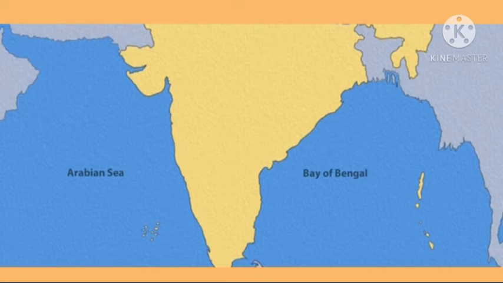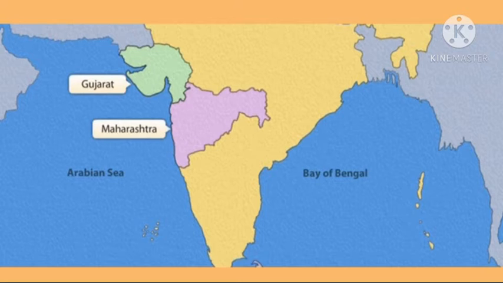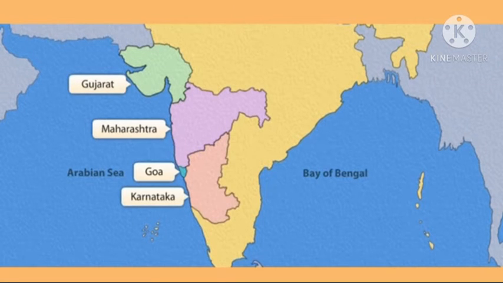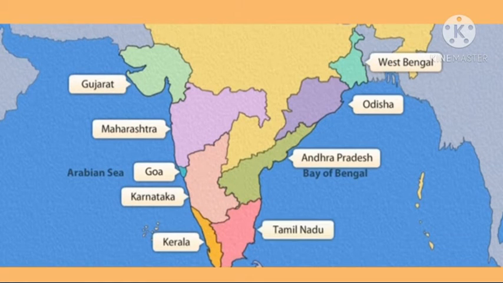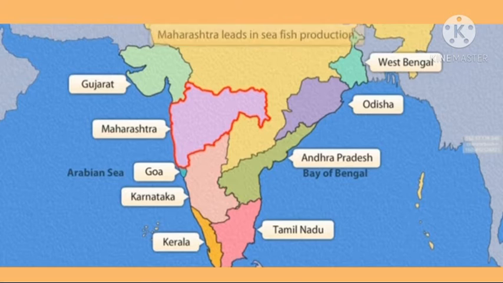On the west coast, along the Arabian Sea, Gujarat, Maharashtra, Goa, Karnataka, and Kerala provide a favorable opportunity for fishing as an occupation. On the east coast, the states of West Bengal, Orissa, Andhra Pradesh, and Tamil Nadu are good for seawater fishing. Of all these states, Maharashtra leads in sea fish production.